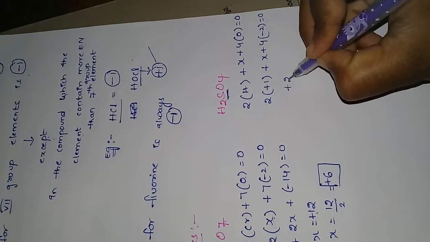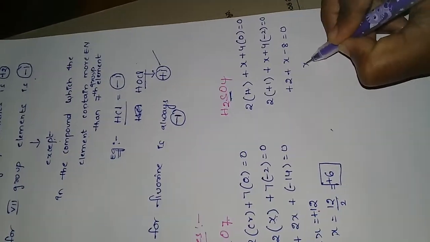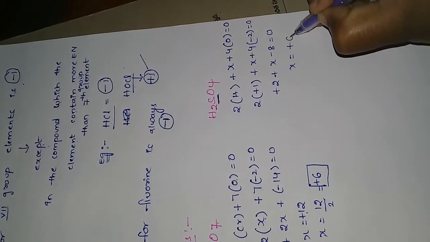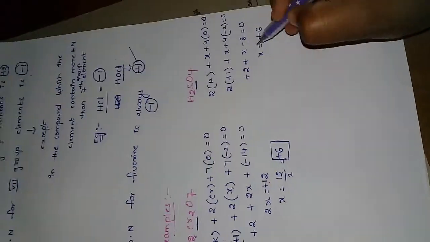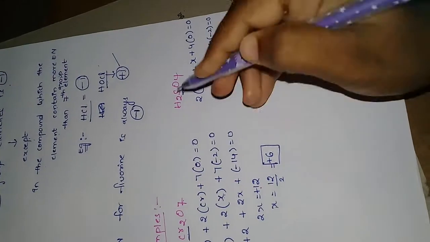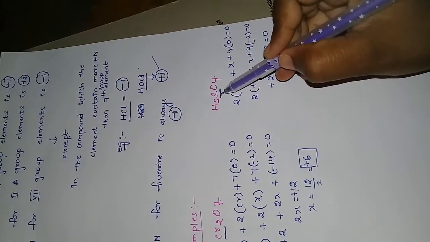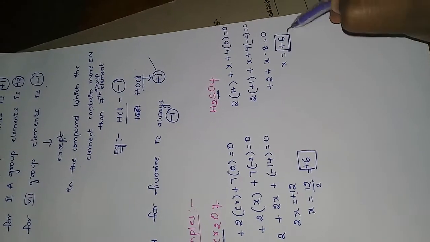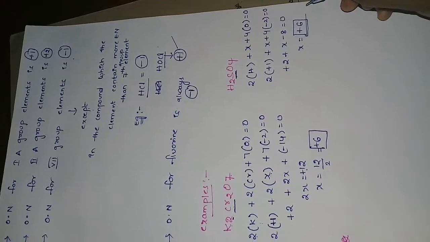Then +2 plus X minus 8 is equal to 0. X is equal to +6. So in sulfuric acid we find oxidation state for sulfur is +6. Based upon the rules we find oxidation number like this.